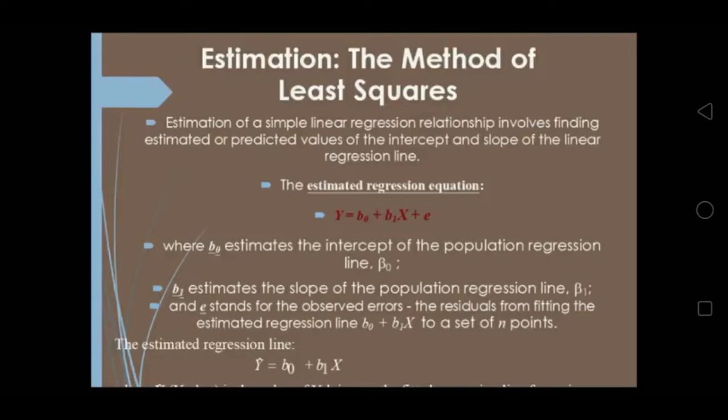The estimated regression equation is y = b0 + b1x + e, where b0 estimates the intercept of the population regression line, beta 0, b1 estimates the slope of the population regression line, beta 1, and e stands for the observed errors, the residuals from fitting the estimated regression line, b0 + b1x, to a set of n points. The estimated regression line is y hat = b0 + b1x, where y hat is the value of y lying on the fitted regression line for a given x.